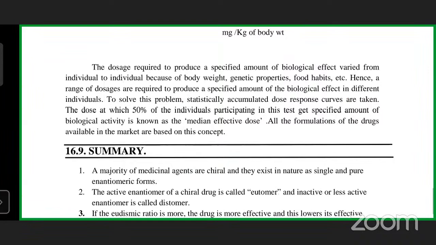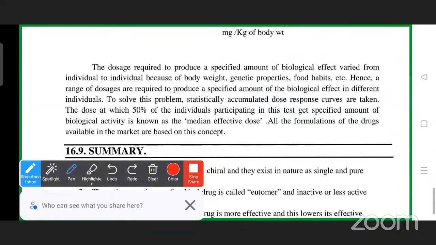While we are deciding the dosages, we'll consider all the factors like body weight and genetic properties of the individual. Genetic properties means if any genetic diseases are there, like dwarfism and diabetes, all these things.